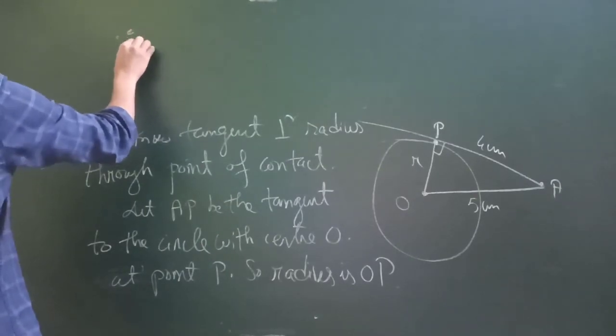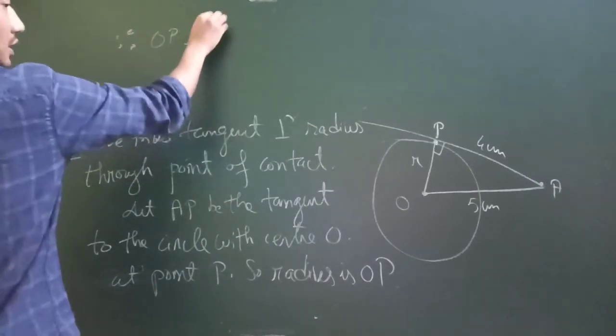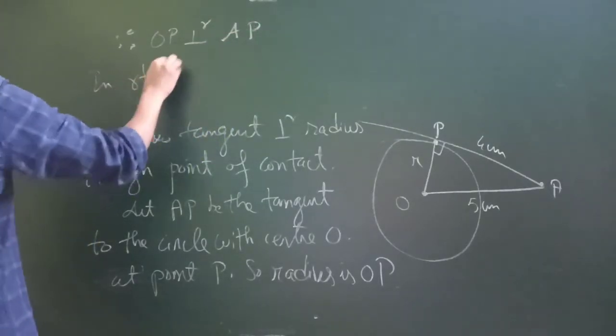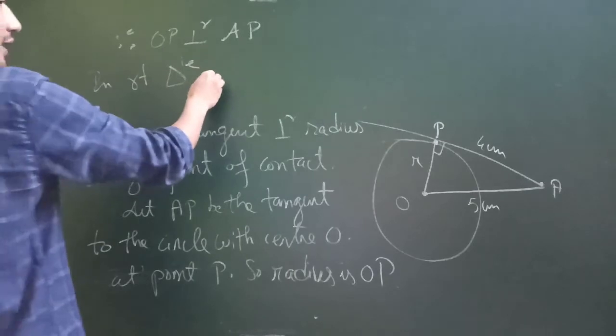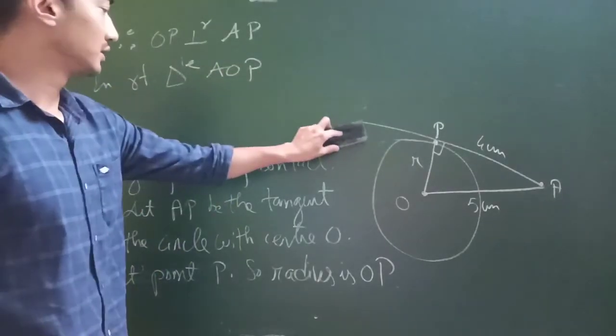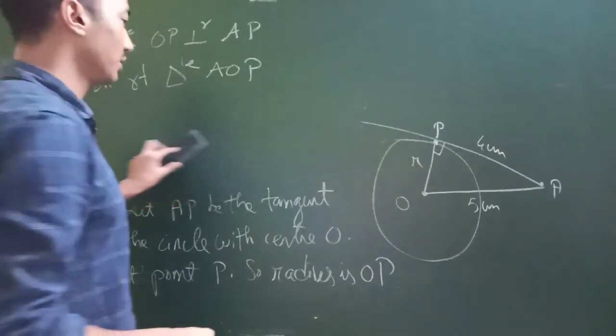Therefore, OP is perpendicular to AP. So in right triangle AOP, what happens?